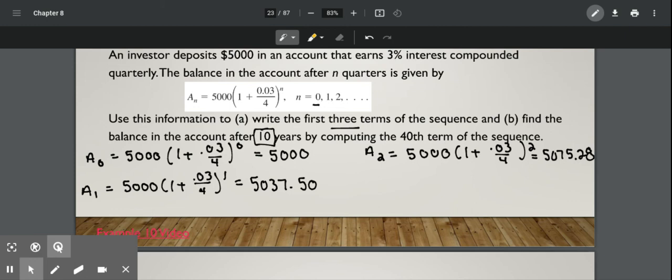So 10 years will have 40 quarters, which is why we have to plug in a 40 for our n. So a sub 40 would be 5,000 times 1 plus 0.03 over 4 to the 40th, which gives you $6,741.74.